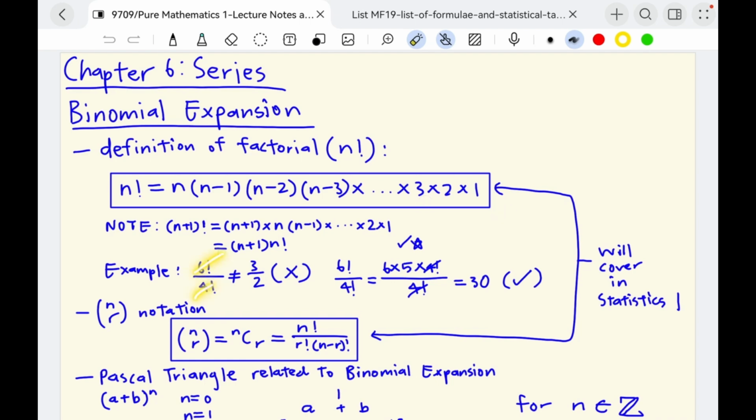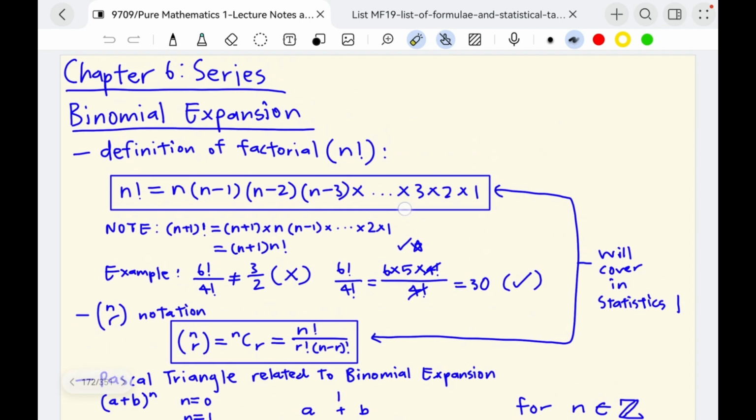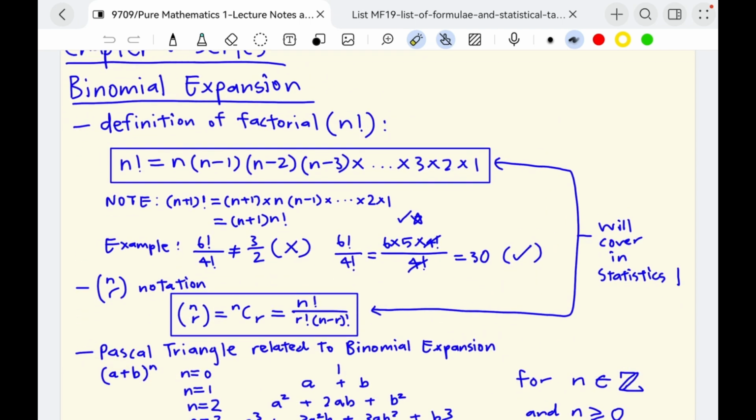Not cancelling like this for the factorial simplifications. So it is not 6 over 4 cancel out to get 3 over 2. This is the wrong simplification of the expressions.